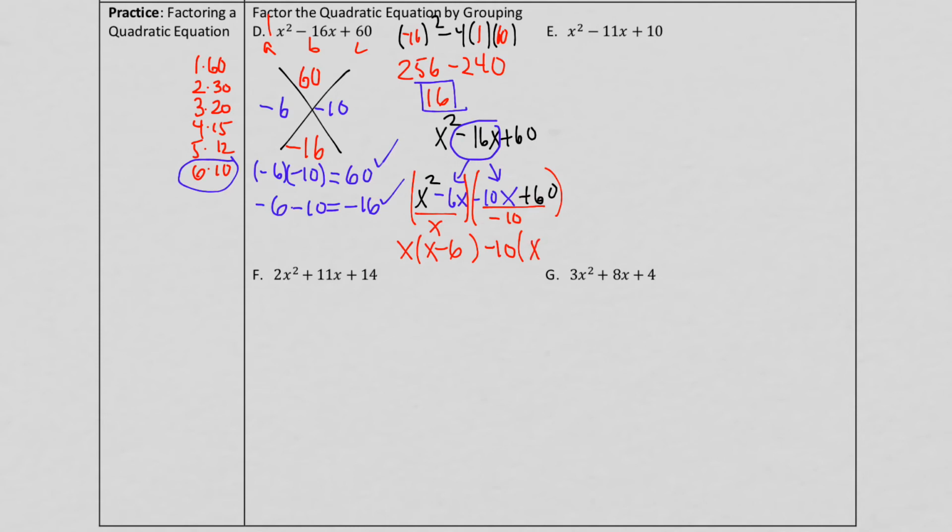So x minus 6. And guys, remember how we said for this process to work, as we factor, these have to be the same. Or else I made a mistake somewhere, and they are the same.